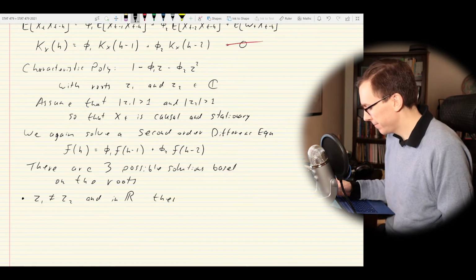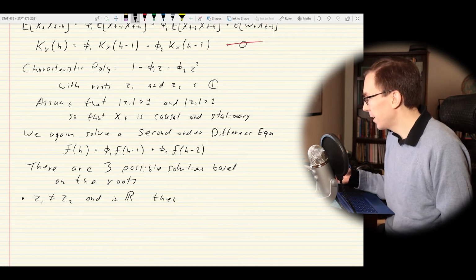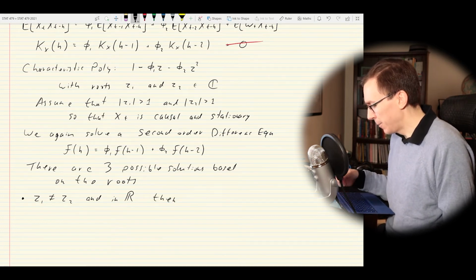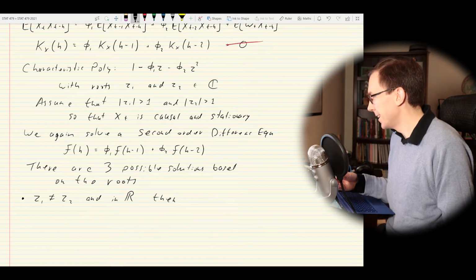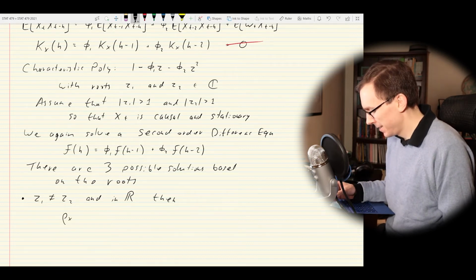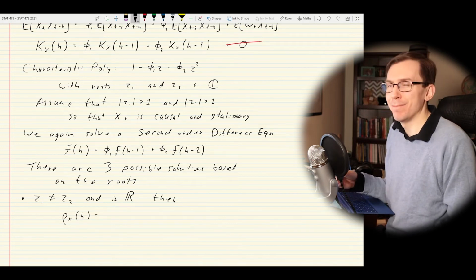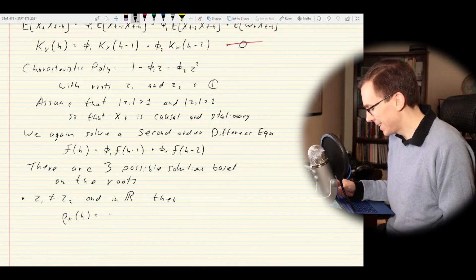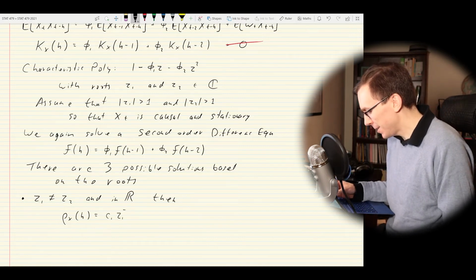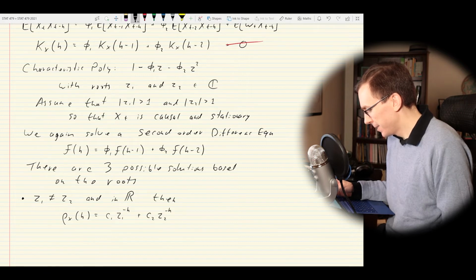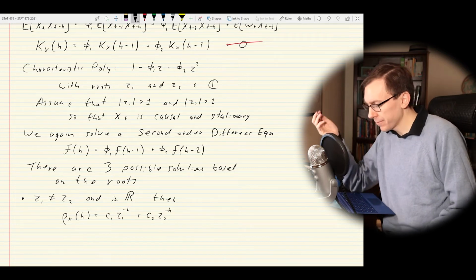Then what we get is that rho, our autocorrelation, is going to be the sum of basically the 2 things we had last time, which is going to be C1 z1 to the minus h plus C2 z2 to the minus h.